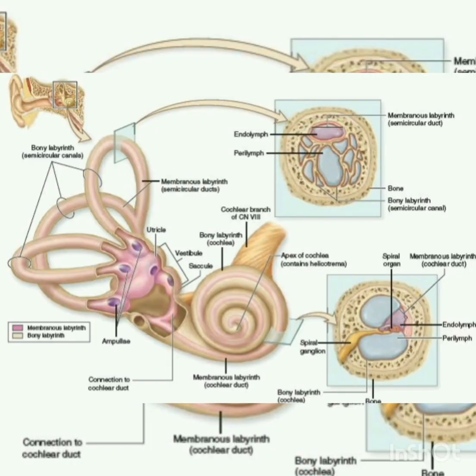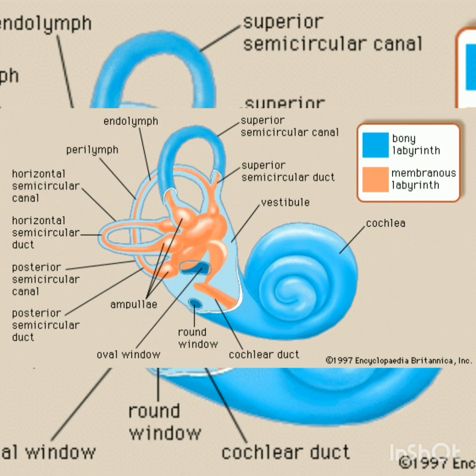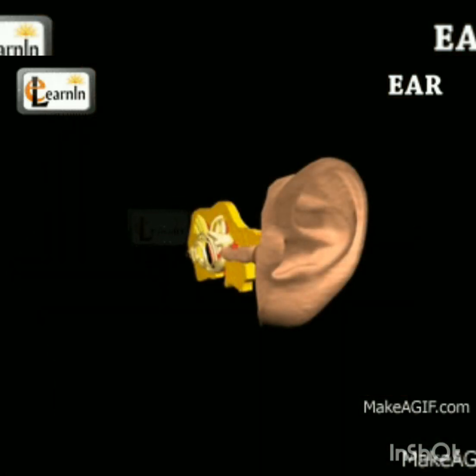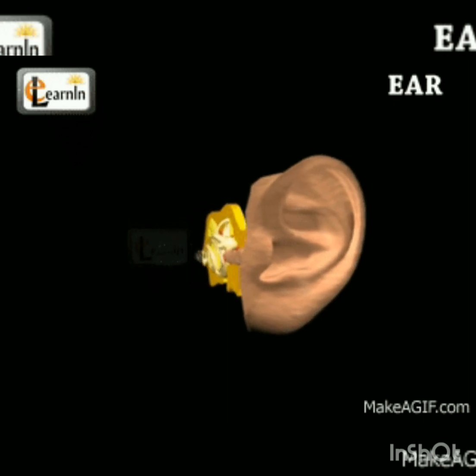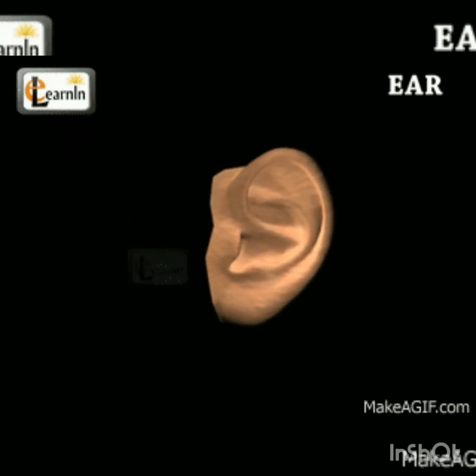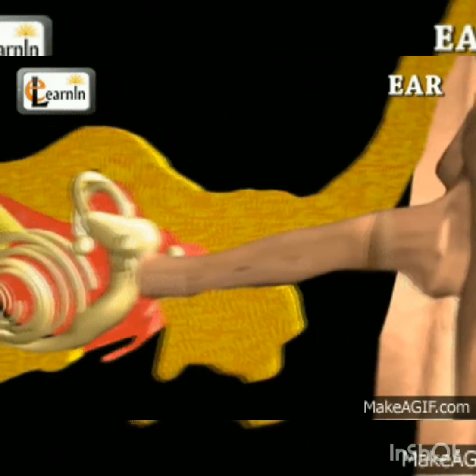The bony labyrinth is just made up of what we call the temporal bone. Remember that the ear sits in the temporal bone. So the bony labyrinth is just made up of the temporal bone.